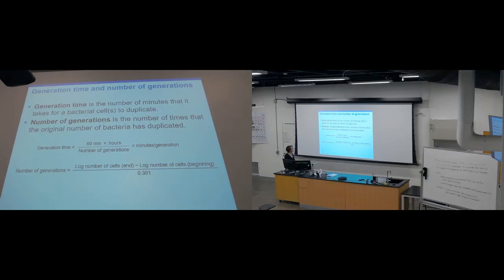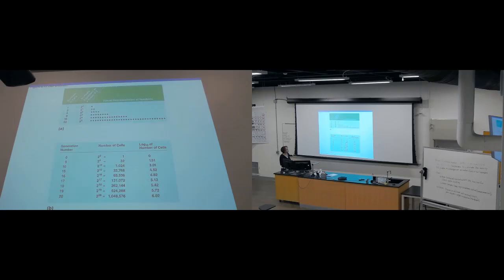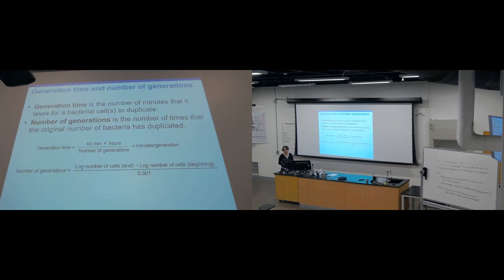So if you want to calculate the number of generations, for instance, from the previous table, this will be your ending point, and then you can subtract this ending point from this, or maybe from this, depending on how many cells you had at the beginning, and then divide that by 0.301.